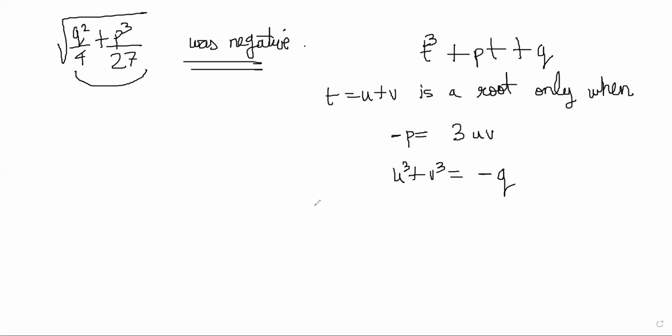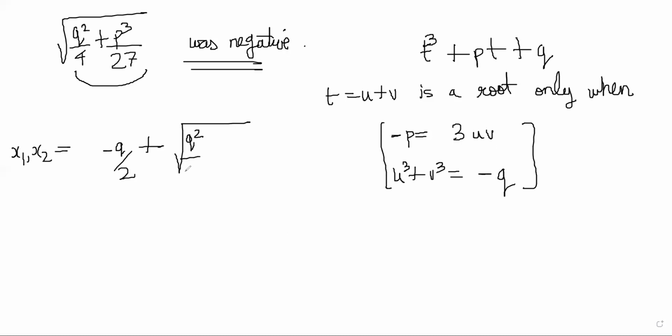And here we constructed a quadratic equation, which had roots x1, x2 equal to minus q by 2 plus or minus root over q square by 4 plus p cube by 27. And these roots x1, x2 were supposed to be u cube and v cube, right? Now everything is fine if this part is positive.